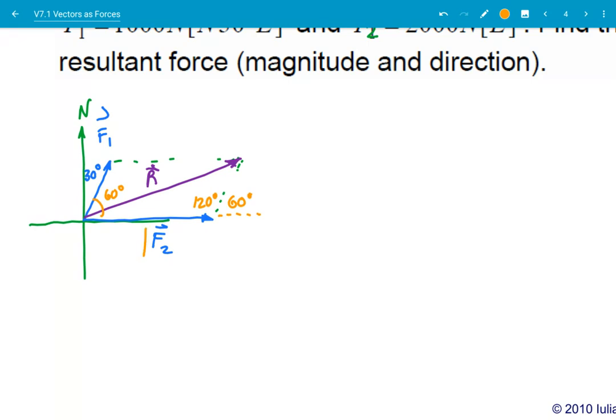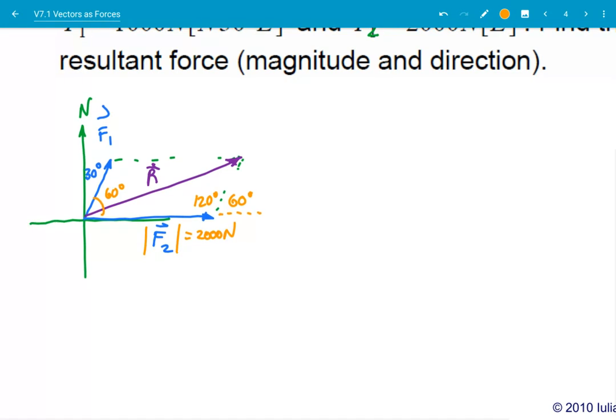So really, I'm going to treat it as a triangle, I guess. And this is 1,000 newtons here. Okay, so the resultant's magnitude, cosine law, will be 1,000 squared plus 2,000 squared minus 2 times 1,000 times 2,000 times the cos of 120.